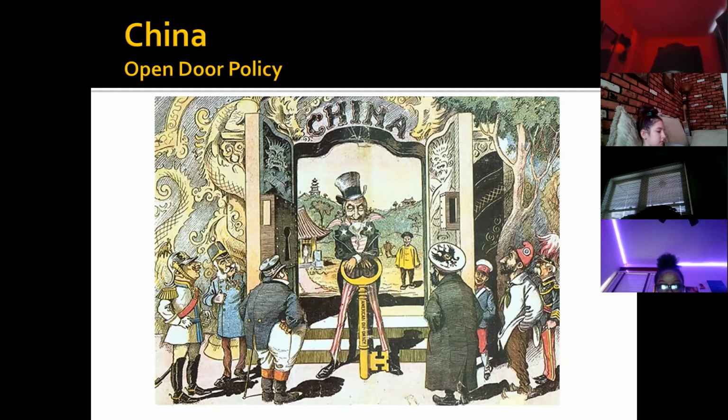Spheres of influence refer to who could involve themselves in what part of China. And the United States wanted to make sure they did not miss out.